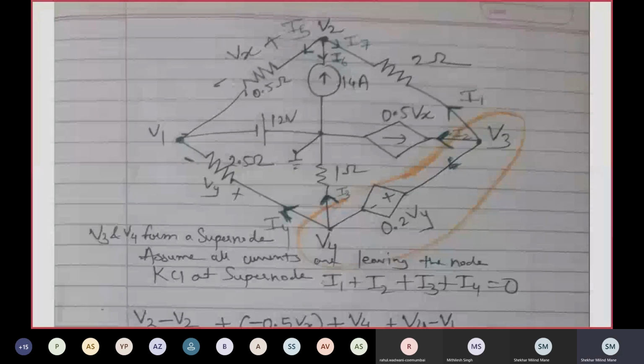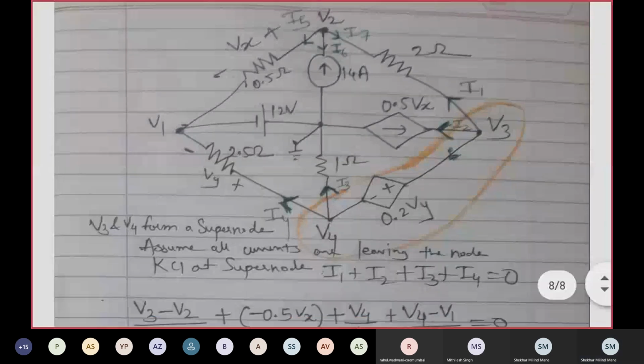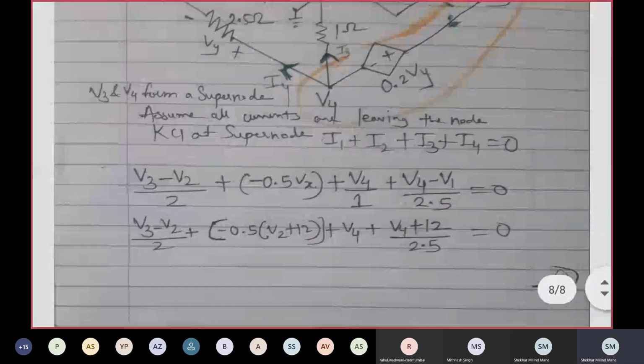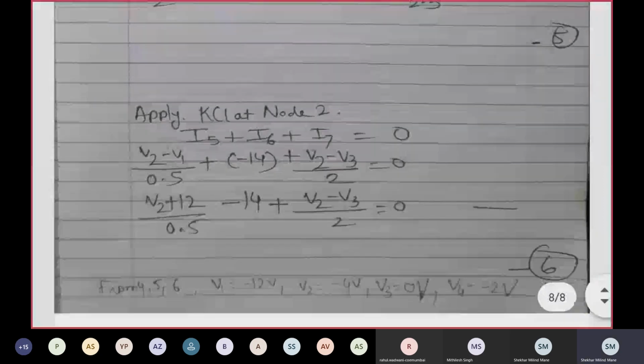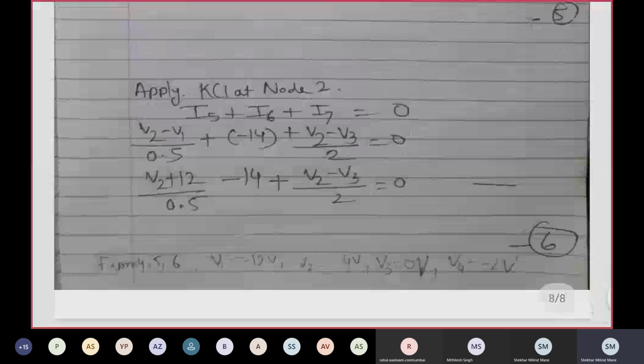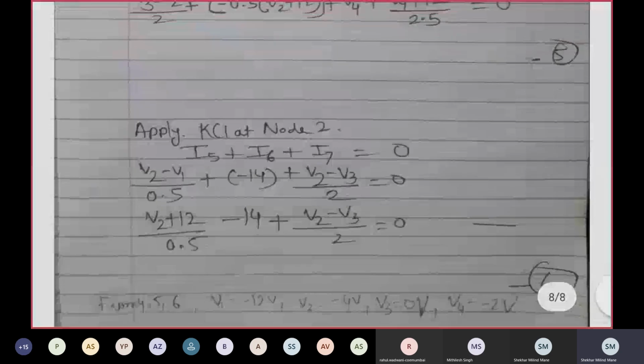So V2 minus V1 upon 0.5. I7 is going from V2 to V3. So V2 minus V3 upon 2. So from this, after applying KCL at node 2, we get this one equation, that is equation number 6.